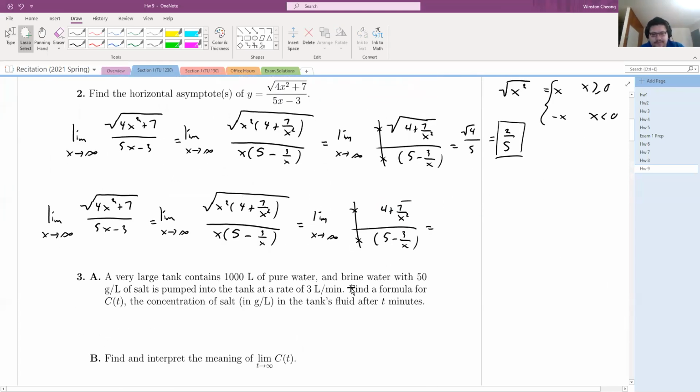That's great. Okay. So the other sided limit is the same, except we're going to minus infinity, and this becomes minus x.